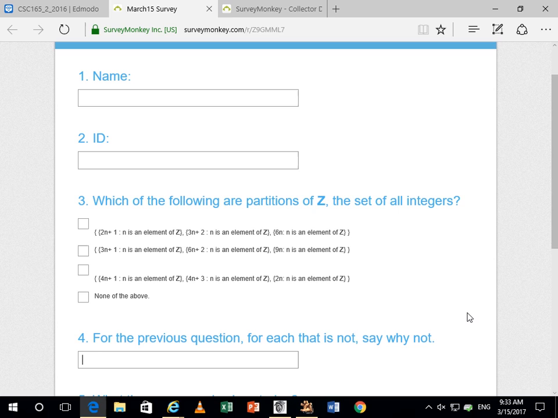It seems this class doesn't like to print out the notes. In some classes, they'll print out all the class notes and then make notes on the notes. But you just have your notebook, which is fine.